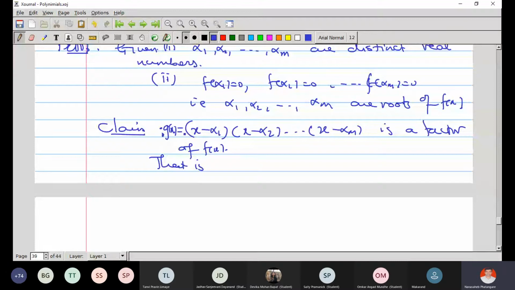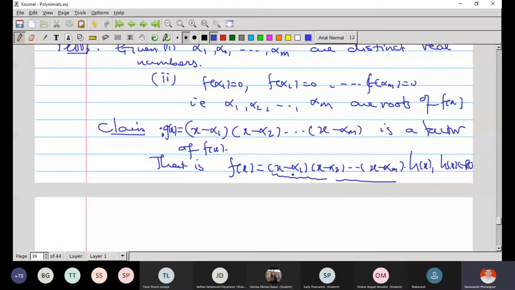How many brackets are there? m. So the degree is m. What we need to prove is that f of x is equal to this factor, x minus alpha 1, x minus alpha 2, up to x minus alpha m, times some other factor h of x in R[x]. If you are able to express f of x in this form, then we can certainly say that this is a factor, because f of x is the product of this factor with another factor. Correct. This is our claim.